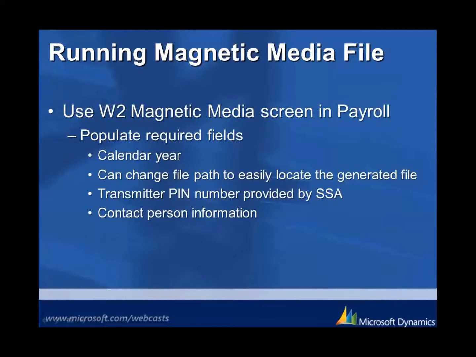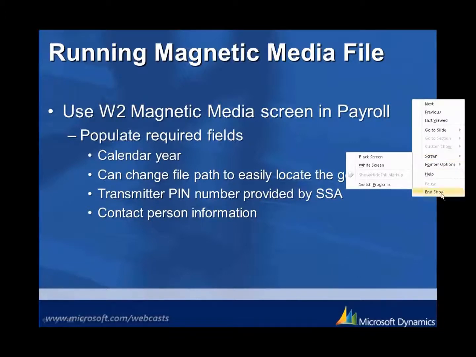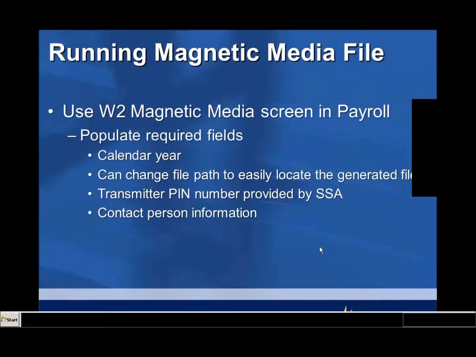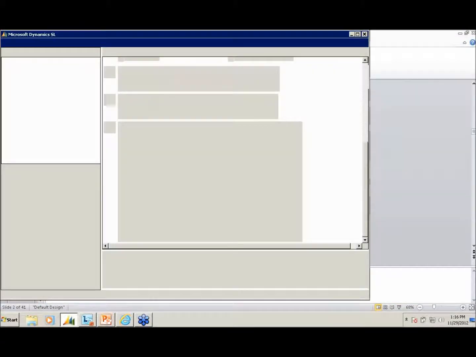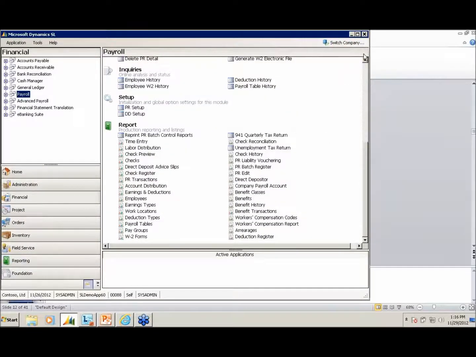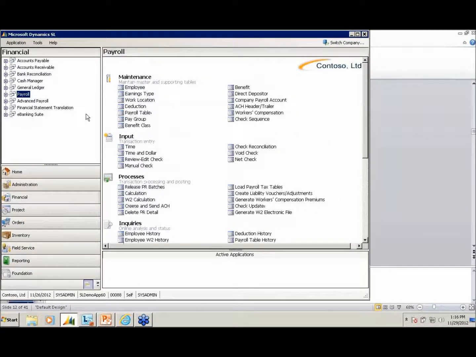My apologies, I'm in the wrong screen. There we go. This is not my most recent copy of Solomon. And Melanie, can you confirm? Can you see my Solomon here? Yes, Jenny.